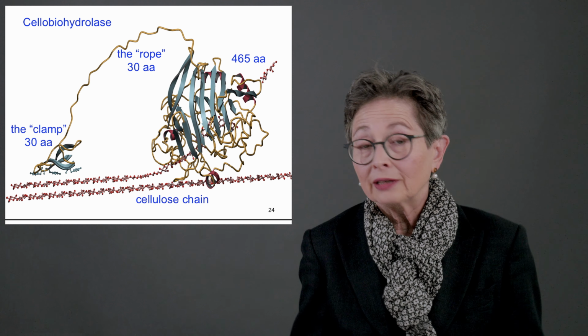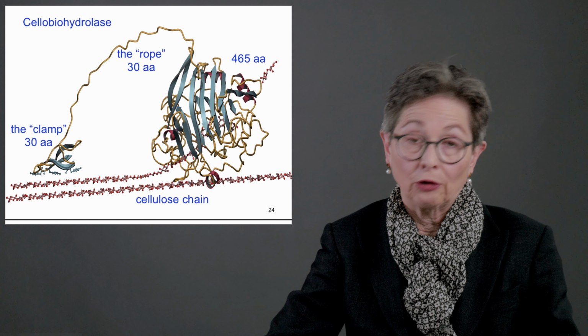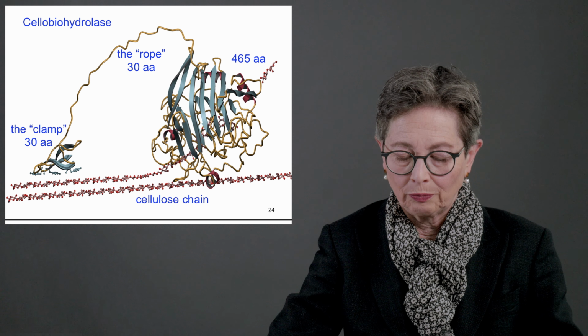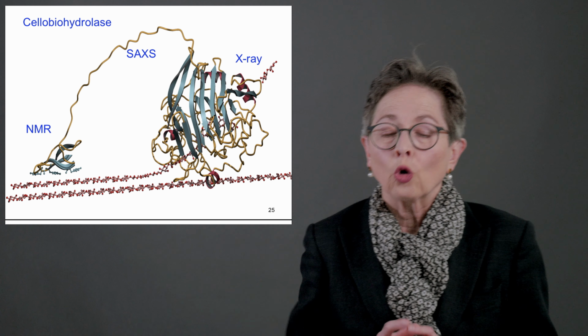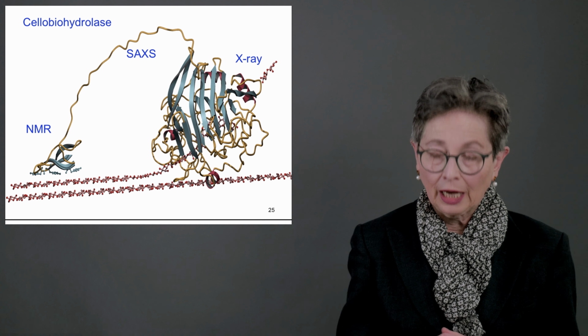Now, I really like this example because of this particular cellobiohydrolase, because we had to use, in fact, 3 different structural methods to get the final picture. So for solving the big hydrolytic domain of 465 amino acids, this one, we used X-ray crystallography.